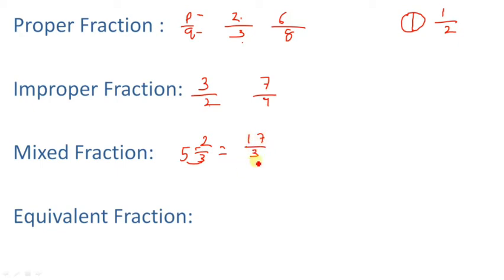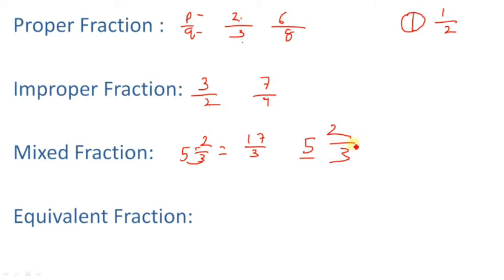So when an improper fraction is expressed in the form of a whole number and a proper fraction, that is called a mixed fraction. Here in 5 whole 2 by 3, 5 whole means 5 complete parts are there, and for the sixth part, we have 2 out of 3. That is the mixed fraction.